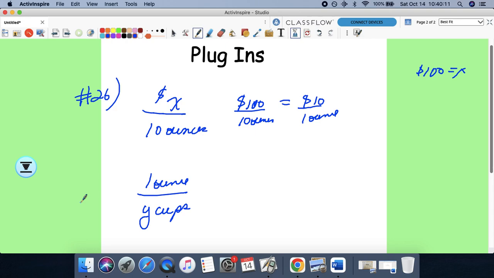Okay. Now we need to pick something for cups. Something that's easy. 1 ounce can make 2 cups. So here, I'm going to write that 1 ounce makes 2 cups.